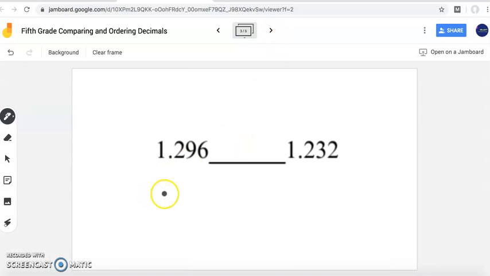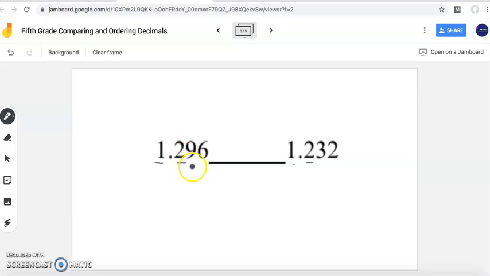Now looking at my next number, we have 1 and 296 thousandths, and we also have 1 and 232 thousandths. Now the first thing we're always going to do is work our way from left to right. So I look at my ones place, in both these numbers I see that it's a 1. So I move to my tenths place. I look here, it's a 2 and another 2.